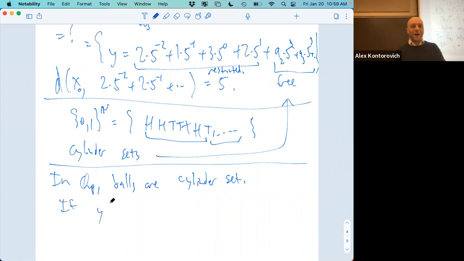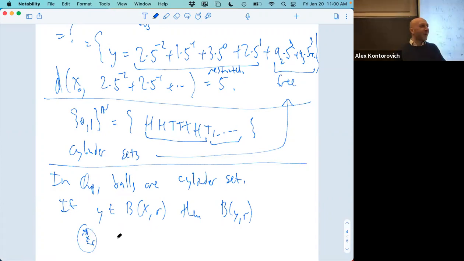If y is in a ball of radius r about x, then the radius r ball around y is the same ball. Those of you that know this stuff, let the other people enjoy getting their minds blown by this crazy topology. What this means is if I have a ball around x of radius r, and I have some other point y in there, that point y is also a center for that ball. x is not a unique center. Any other point doesn't have to be x at all.